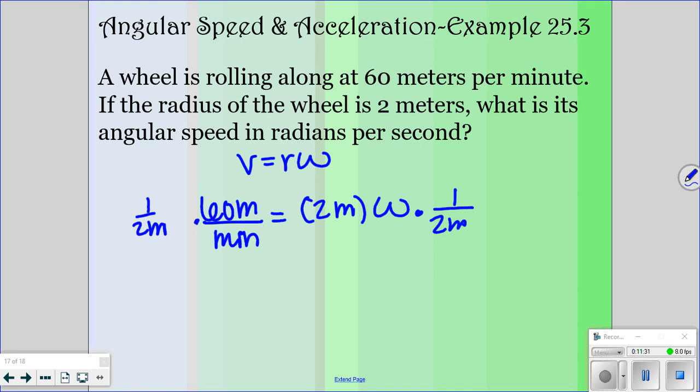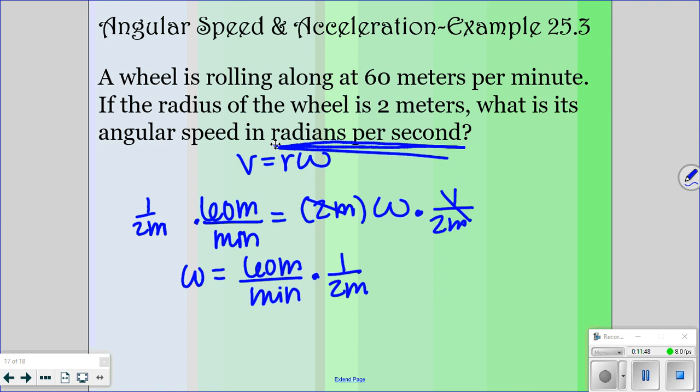And so this is going to make you be able to solve for your angular speed. So your angular speed is going to be 60 meters per minute, and then times the 1 over 2 meters. And now all we have to do is get it into radians per second.